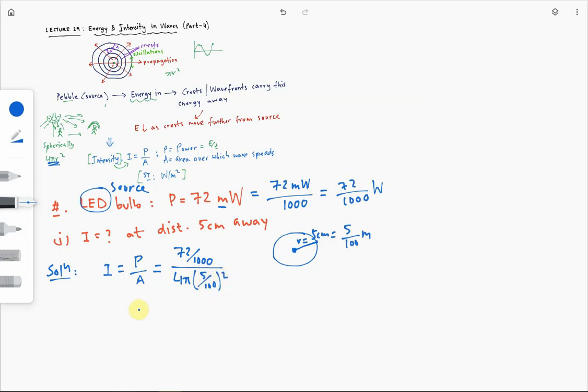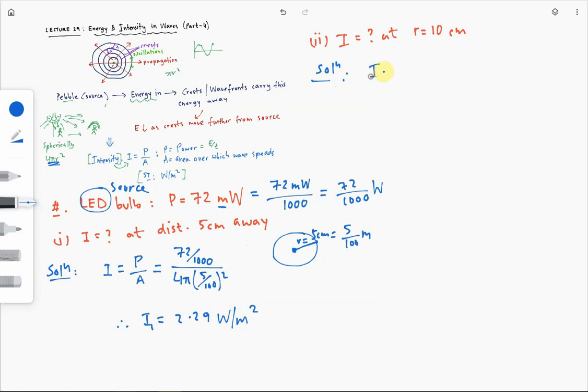So 4 pi times 5 over 100, squared. This will give you the intensity at 5 centimeters, and we get the intensity, let's call it I1, to be 2.29 watt per meter squared. Pretty simple. Now there is a second part to this question. It simply asks, what is the intensity at r equals 10 centimeters?